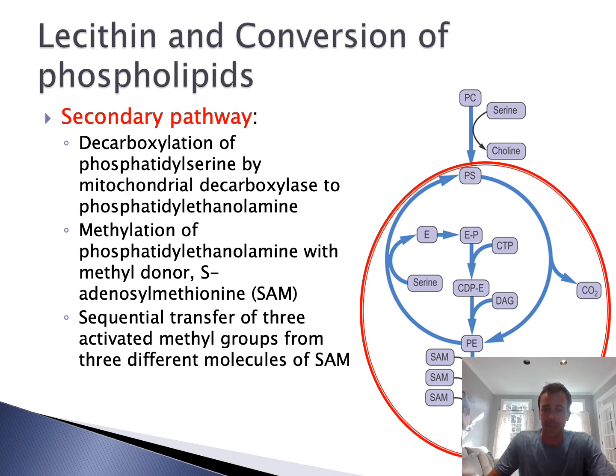In the secondary pathway, you can also get phosphatidylcholine through multiple steps where you get decarboxylation of phosphatidylserine, shown here, to form phosphatidylethanolamine, and then you get essentially 3 methyl groups attached through S-adenosylmethionine.